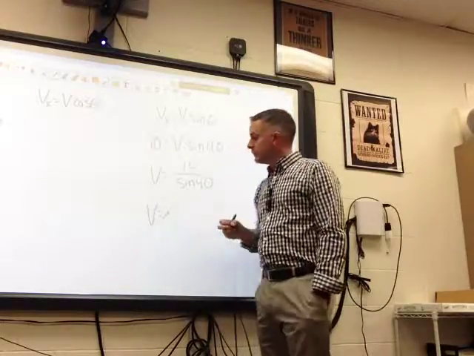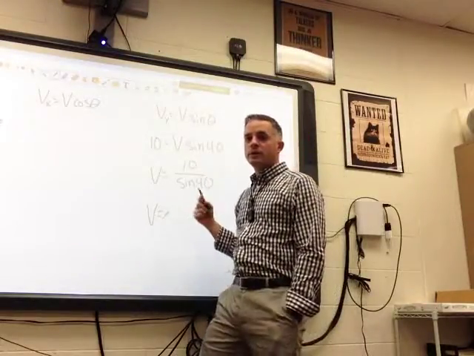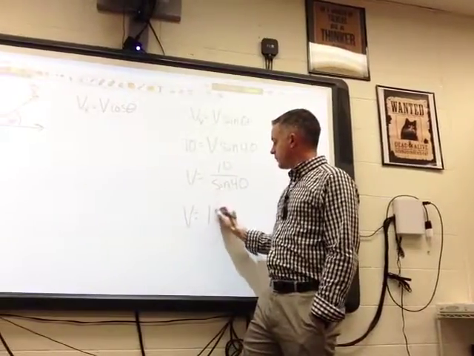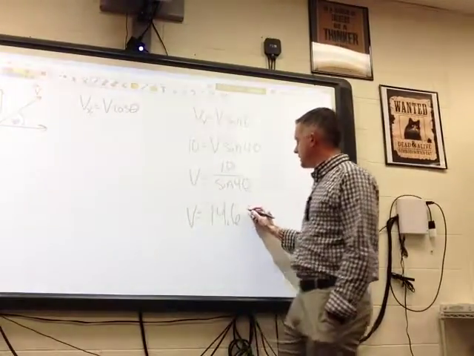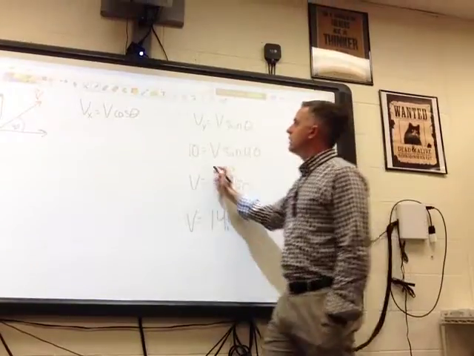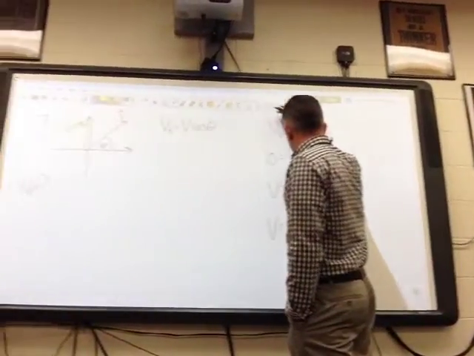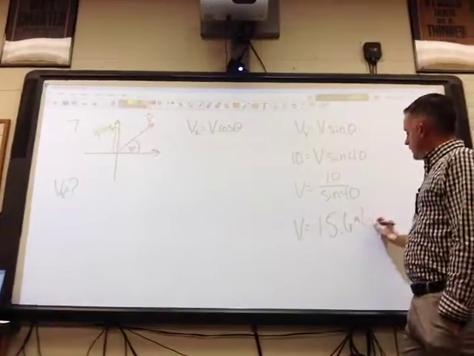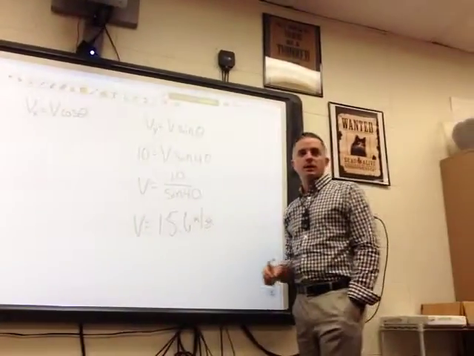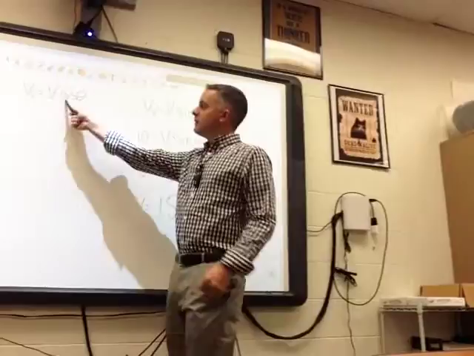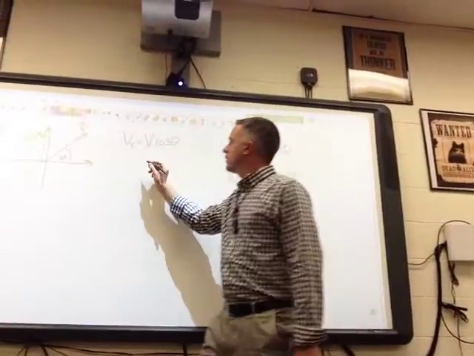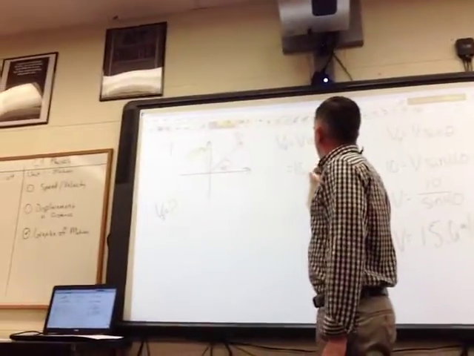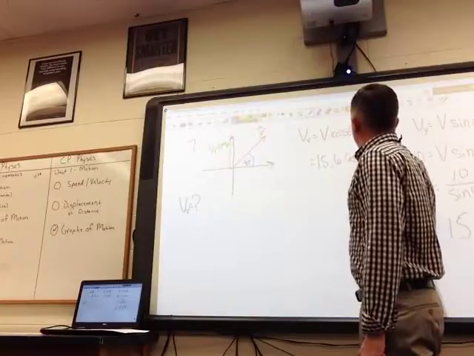Okay? So 10 divided by the sine of 40 is, Jared? 14 let's call it 6. 15.6? Yeah. So 15.6 meters per second. So now we can shove that right up in here, times the cosine of 40.